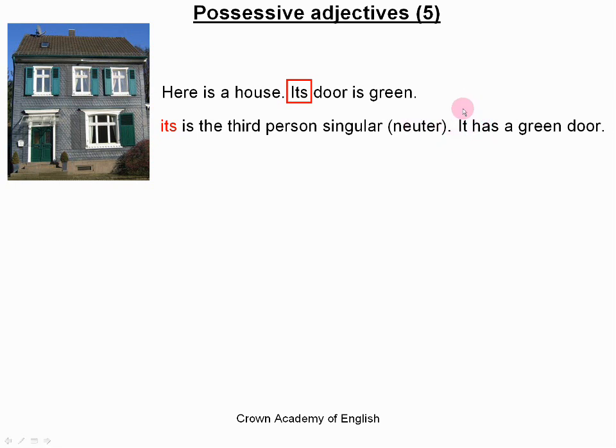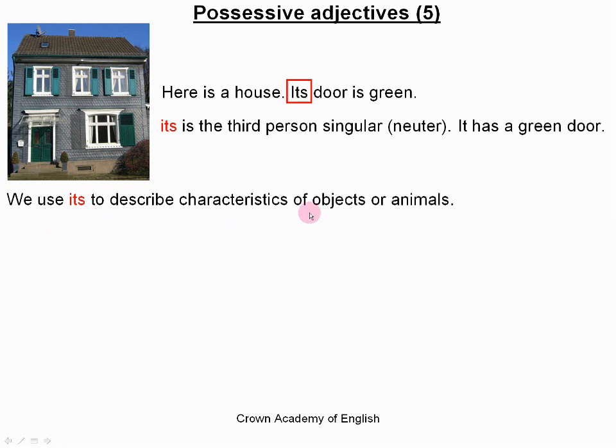It is the house, so the house has a green door. Its door is green. And we use its to describe characteristics of objects or animals. Okay, so it is neuter, so we're talking about objects or animals.